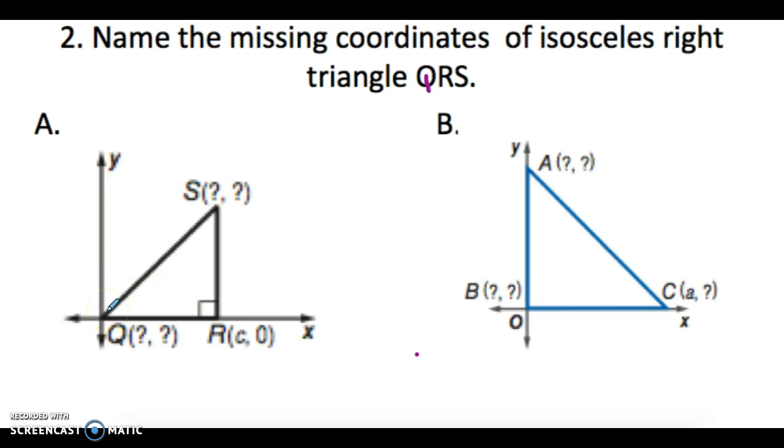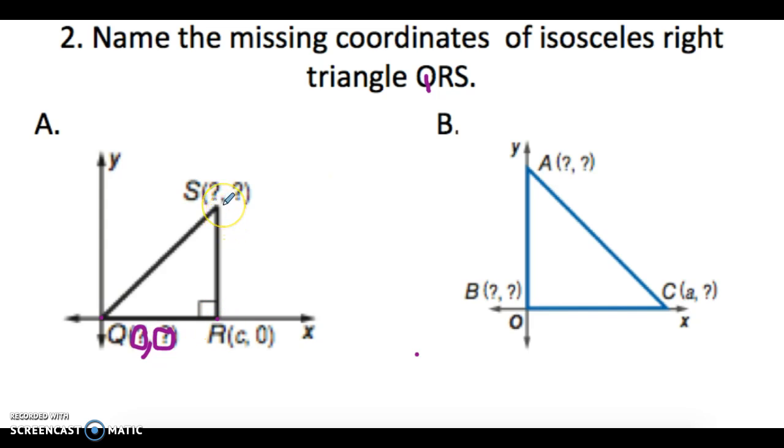I know that it is a right triangle. Okay, what are the coordinates of point Q? This point here. Okay, Q is at 0, 0. Right? It's at the origin, so that one was easy. Okay, I told you that R is at point C, 0, C units away from 0 on the x-axis.